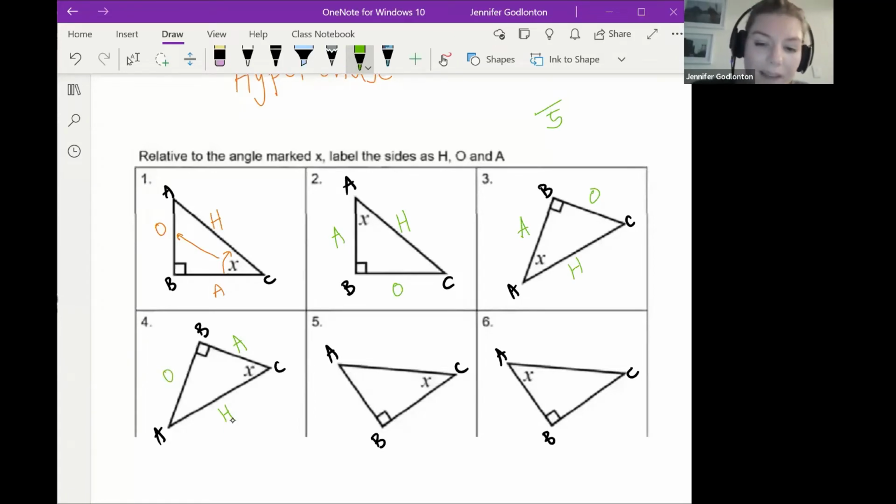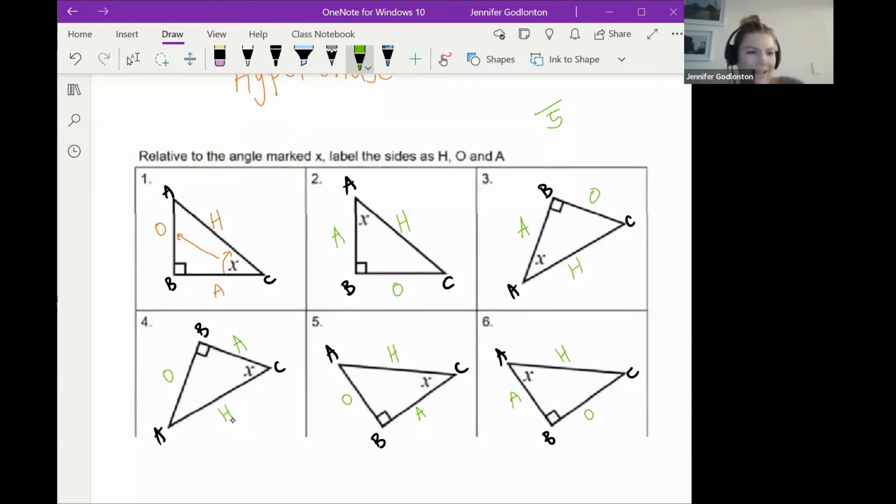Number 5, AC is our hypotenuse, BC is our adjacent, and AB is our opposite. Doubted myself there for a second. In question 6, our hypotenuse, our adjacent, and our opposite. So I want to know in the chat what you got, 1, 2, 3, 4, or 5 out of 5. Let me know how this went.